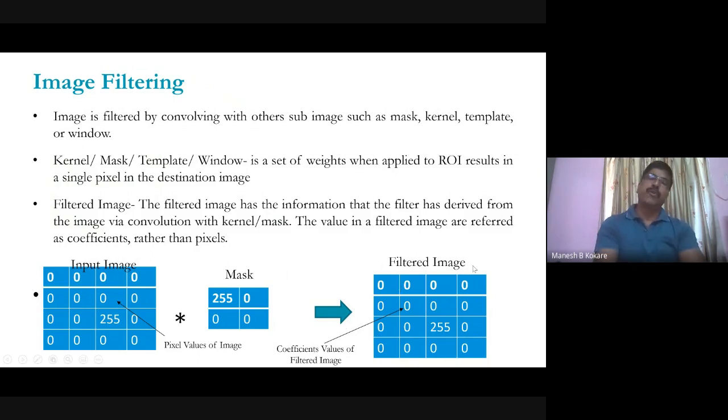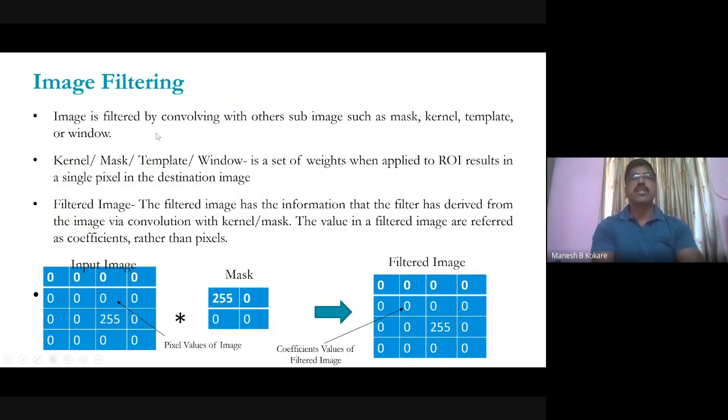Now when you get the filtered image, these pixels will not remain pixels, but are called the coefficients of the filtered image. So you have this input image, this is the filter mask, and when you apply this filter mask on this image, you get the filtered image. In the input image you have pixel values, but after filtering, they are called coefficients in the image.